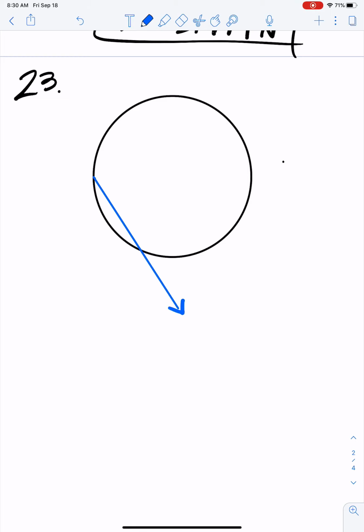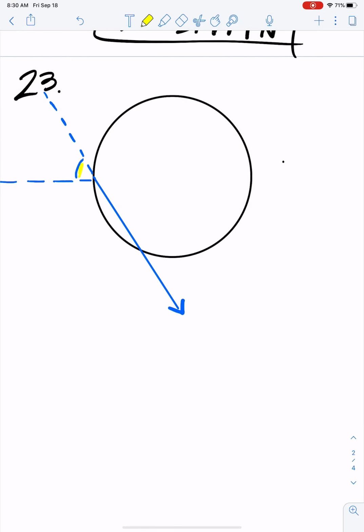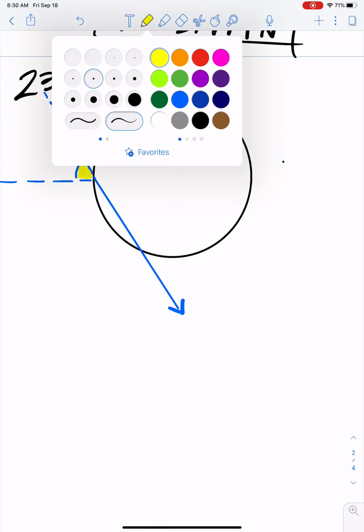And I'm going to go ahead and dotted line that back. He does it at about right at 9 o'clock there, or the negative x-axis. And so I'm going to dotted line from here too. And then I'm going to go ahead and put an angle right here of, this is 60 degrees.